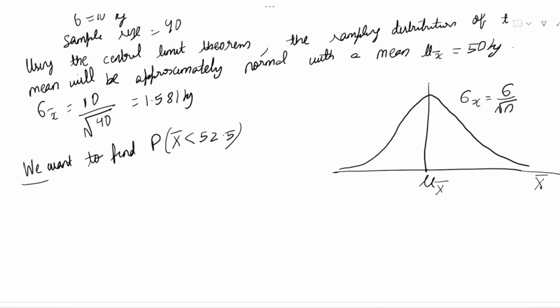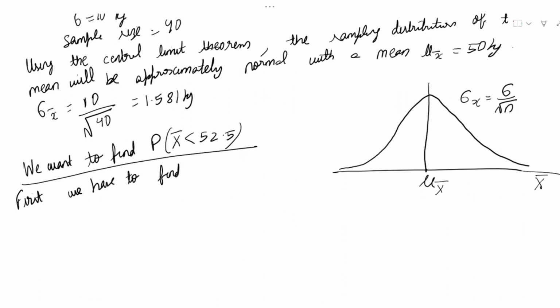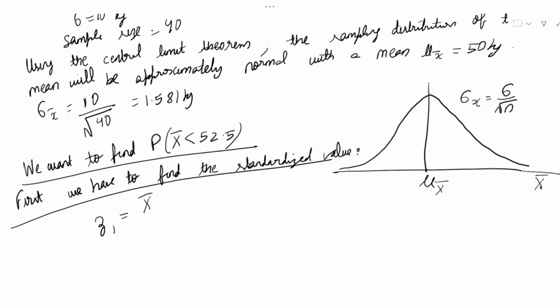So first we have to find the standardized value. Z1 is equal to x bar minus mu x bar, divided by sigma x bar.